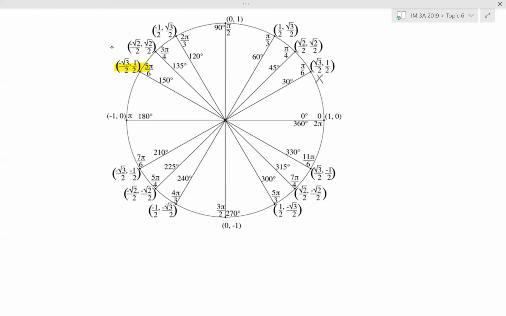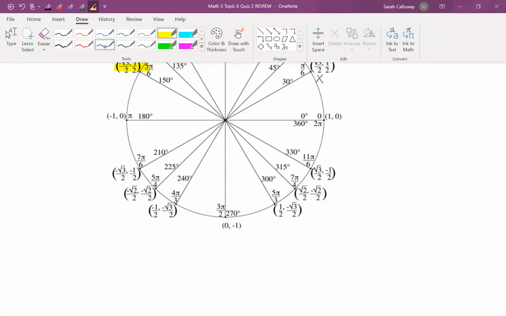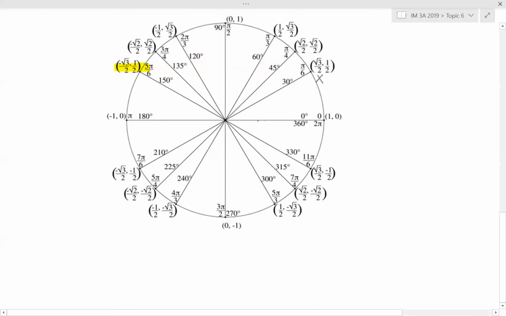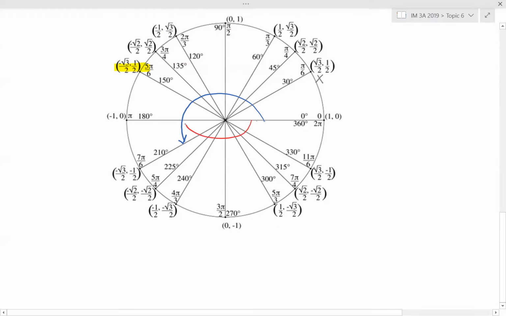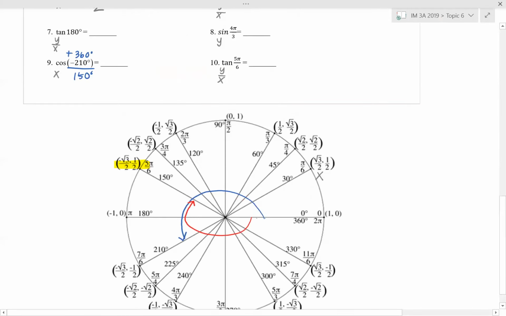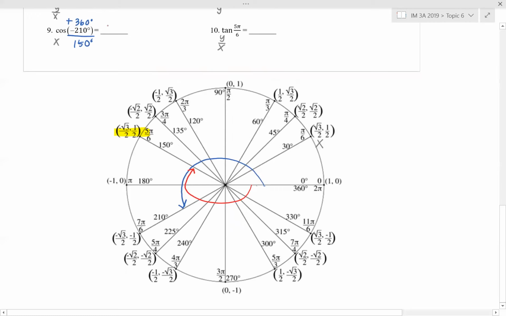Remember that we talked about visually, if I look at where positive 210 is, positive 210 is here, and it goes all the way 180 and then one line past. Notice that if I go -180 and then one line past, I end up at that 150. So you can do that visually to find that point. So since it's cosine, it's the x coordinate. So this answer is negative radical 3 over 2.